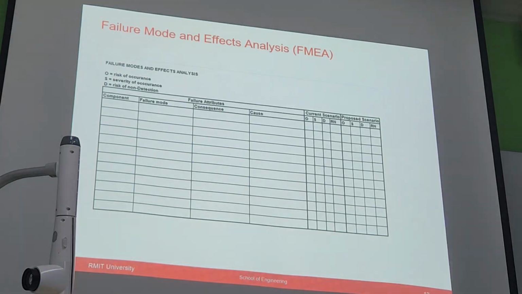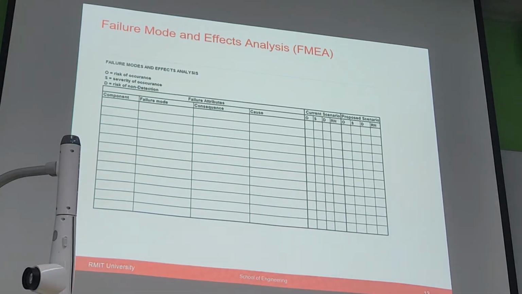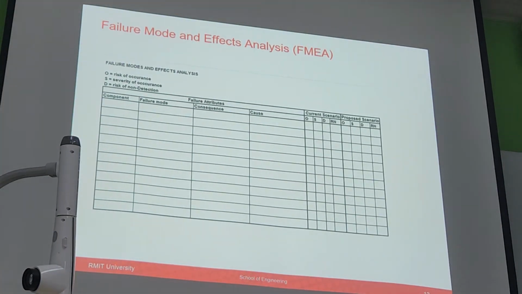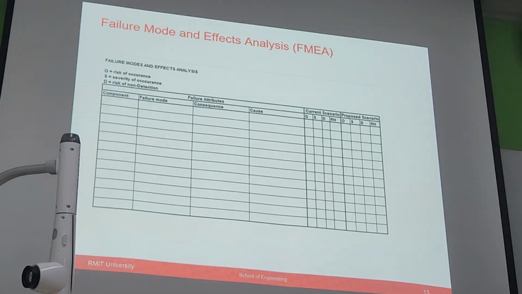If you go to any industry or any company related to design, definitely you can see this table. Three things are important in the table. Please come with me step by step, because this is a very, very important subject, and I will ask you in the final exam.